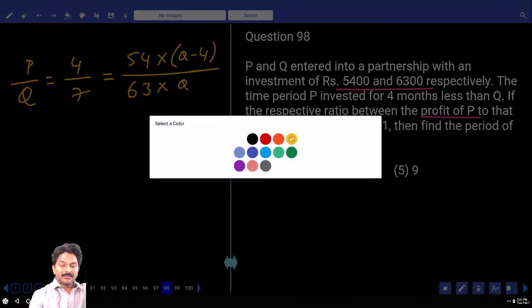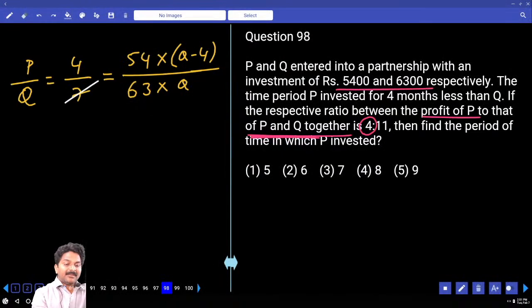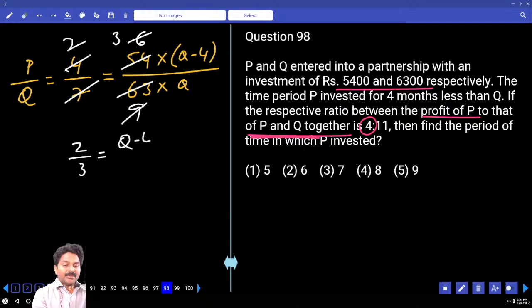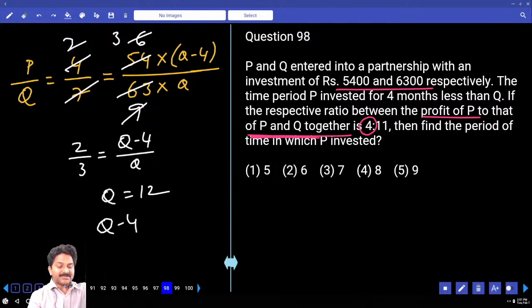Cancellation now. 7, 9 times. 9, 6 times. 2 times, 3 times. 2 by 3 is equal to Q minus 4 by Q. Q is equal to 12. But we were asked to calculate P. Q minus 4, 8.